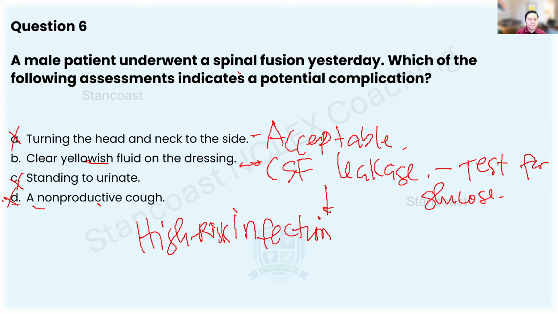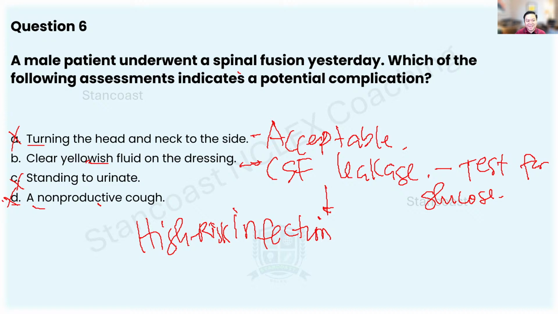All right. Now take a look into the others. Are these going to be needing action right away? Like I've said earlier, letter A, turning the head and neck to the side, this is an expected finding. Standing to urinate as well, and a non-productive cough. Those are usual activities that you should not be alarmed of.